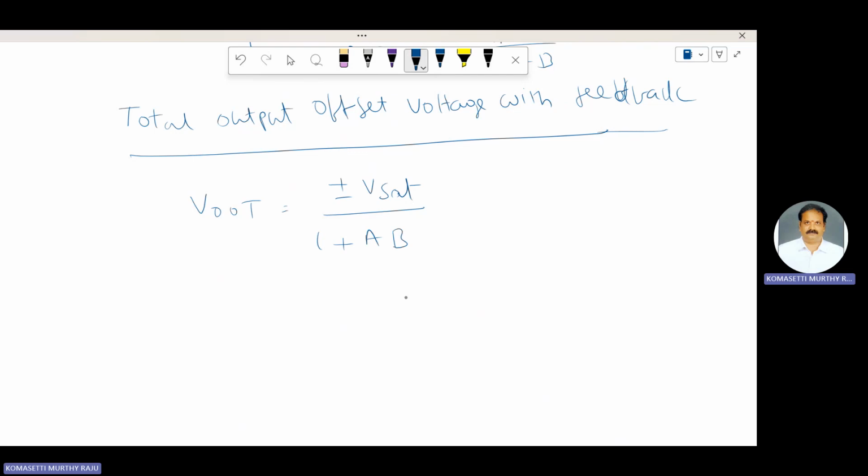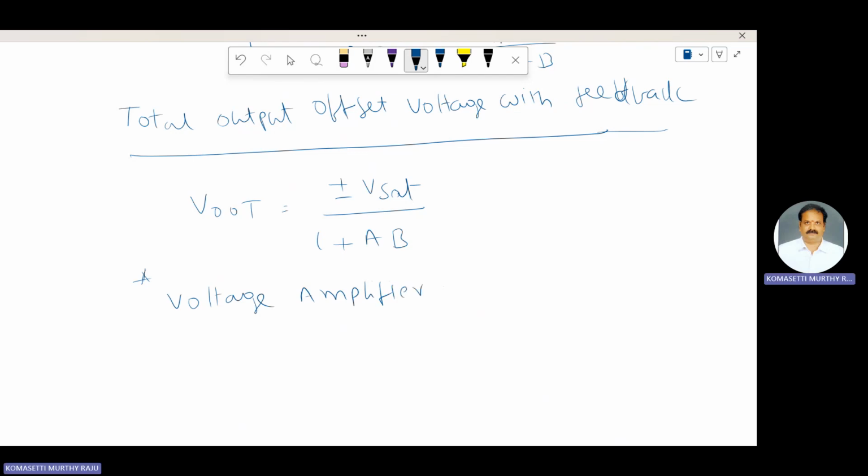The non-inverting operational amplifier with feedback exhibits the characteristics of a perfect voltage amplifier. This is important.